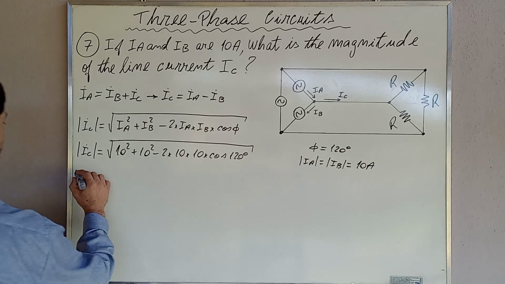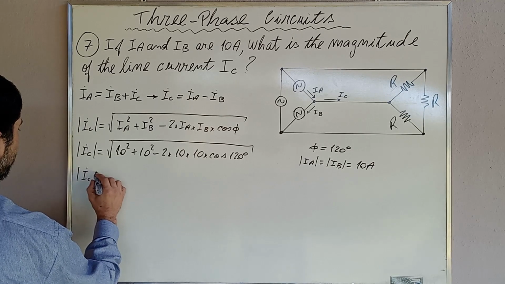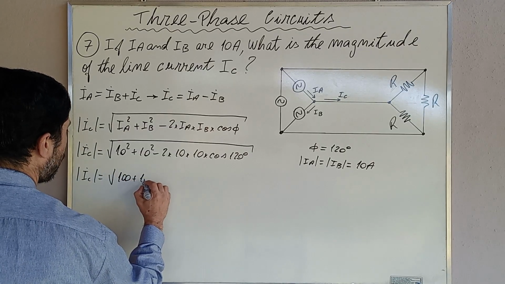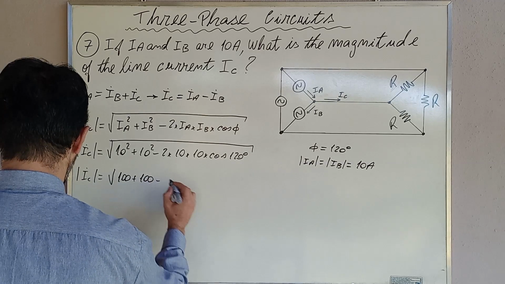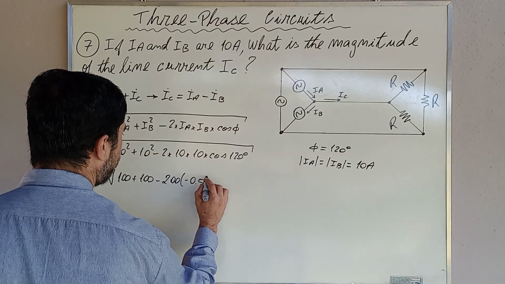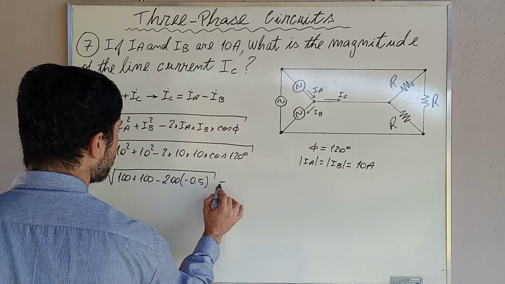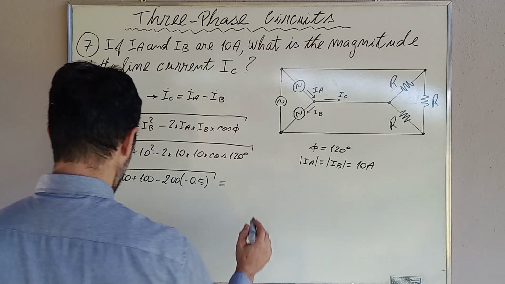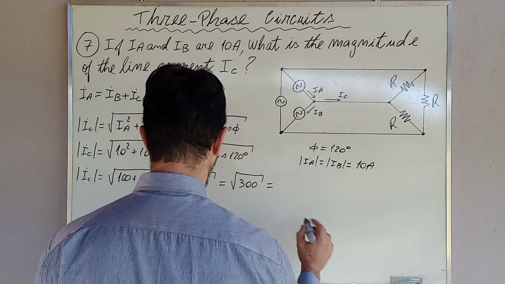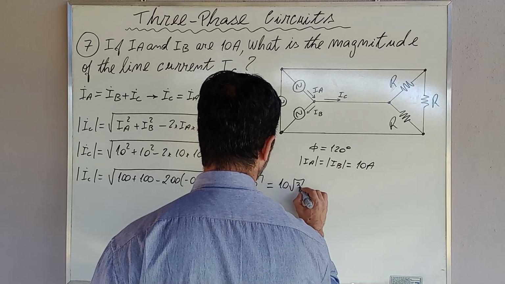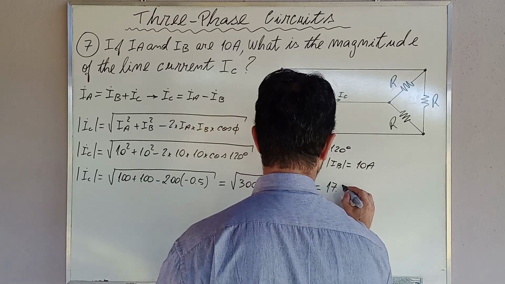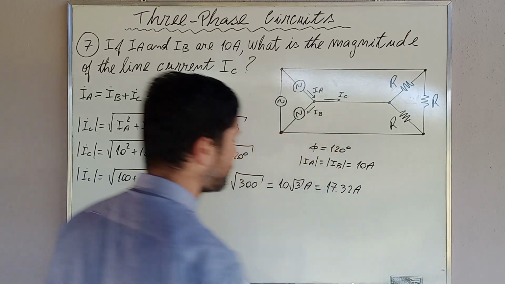Continuing, the magnitude of IC is equal to the square root of 100 plus 100 minus 200 times negative 0.5, which is equal to the square root of 300, which is 10 times the square root of 3 amps, or if you prefer, 17.32 amps.